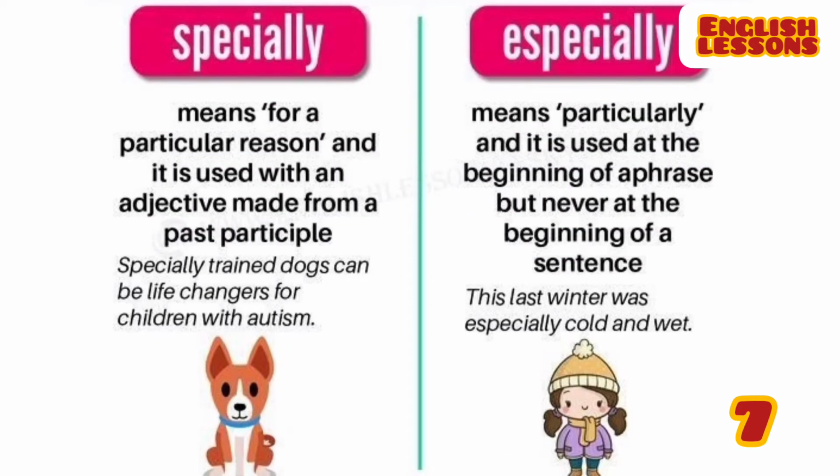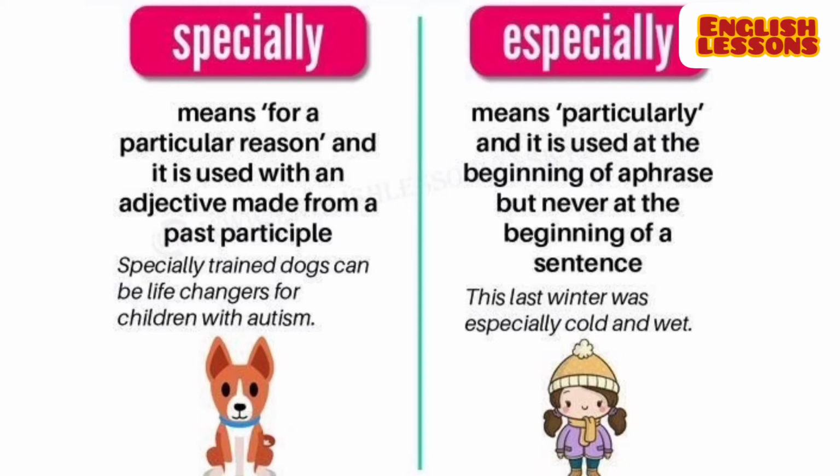Number 7. What's the difference between specially and especially? Specially means for a particular reason and it is used with an adjective made from a past participle. For example, specially trained dogs can be life changers for children with autism.